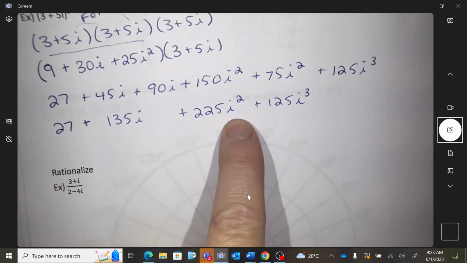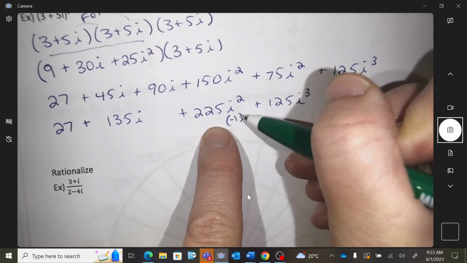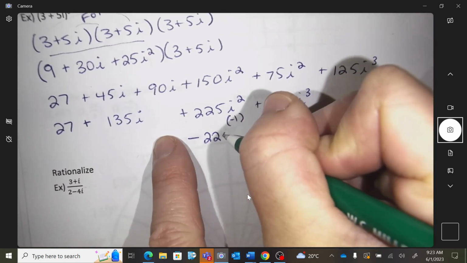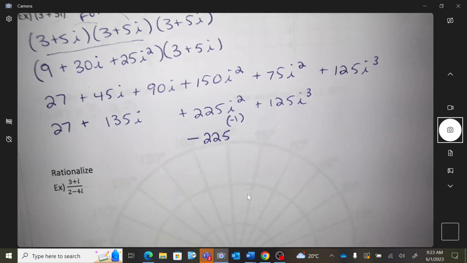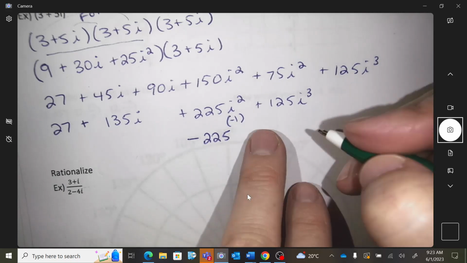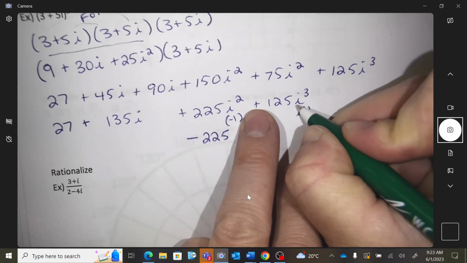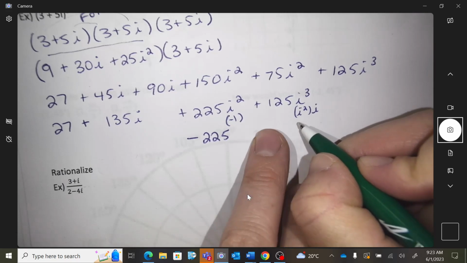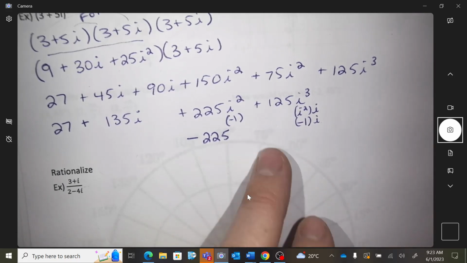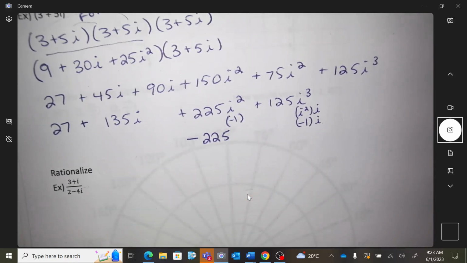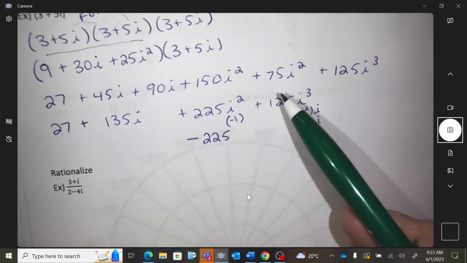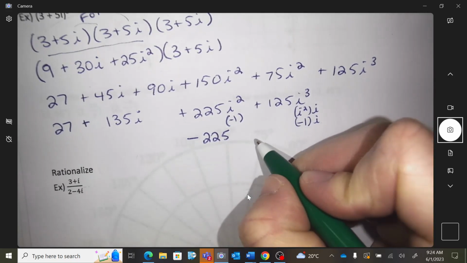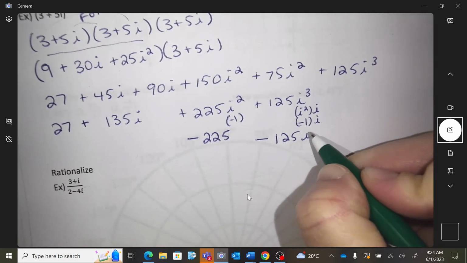So this is -1, so this term would turn out to be subtracting 225 now. Some of you might have i cubed just straight memorized, or i squared times an i, which makes -1i. So this term would turn into -125i.